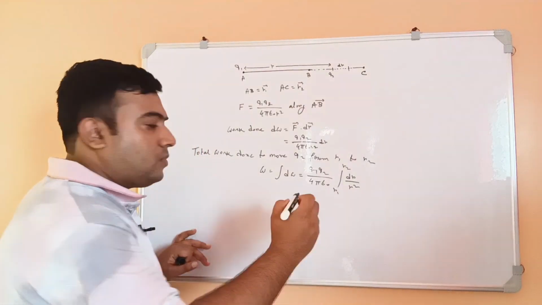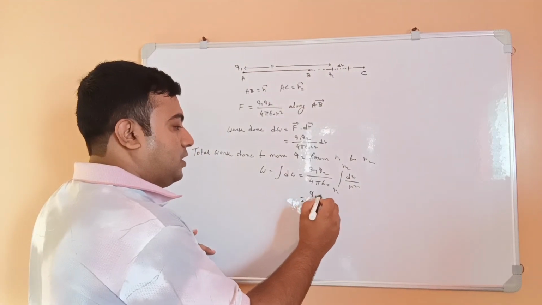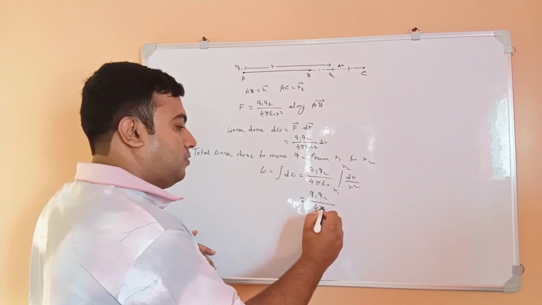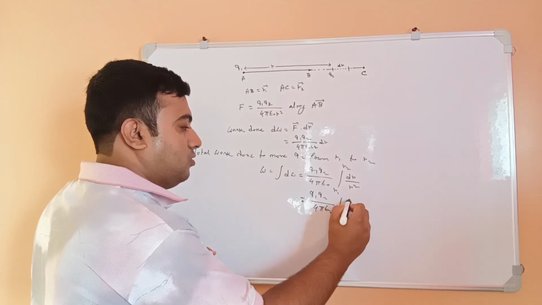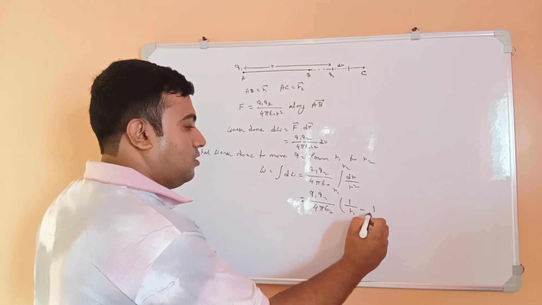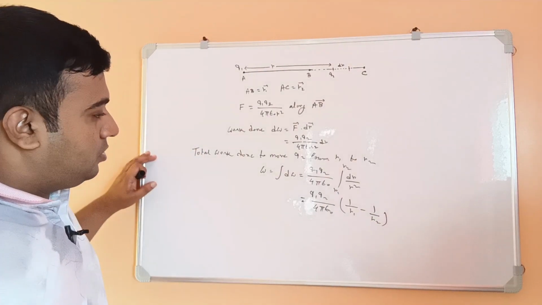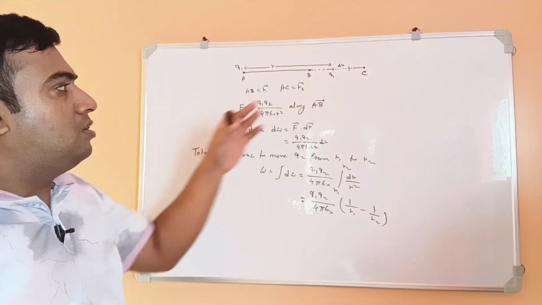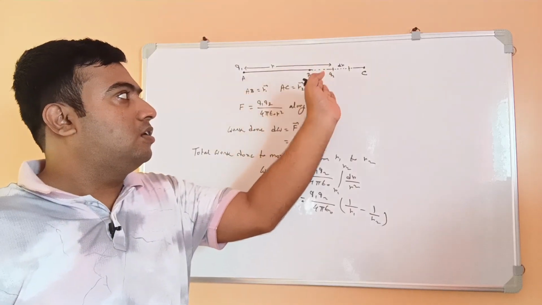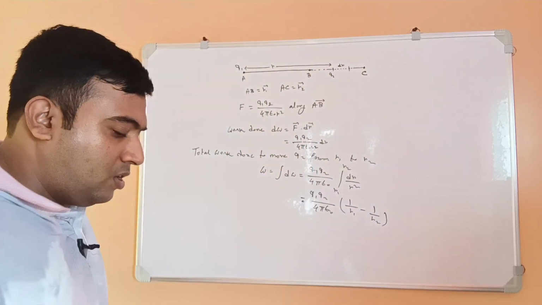Okay, so this will become Q1 Q2 by 4 pi epsilon naught into 1 by R1 minus 1 by R2. So this is the work done to move the charge Q2 from R1 to R2.